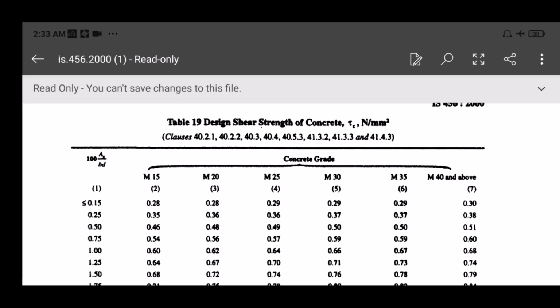Now in the left column, 100 AST by BD, percentage of steel, 0.21 is not in the list, but 0.21 lies between 0.15 and 0.25. Now for M20 grade of concrete, if percentage of steel is 0.15, then the tau C value is 0.28, and for 0.25 the value is 0.36. That means 0.21 definitely lies between 0.28 and 0.36. We have to interpolate that.